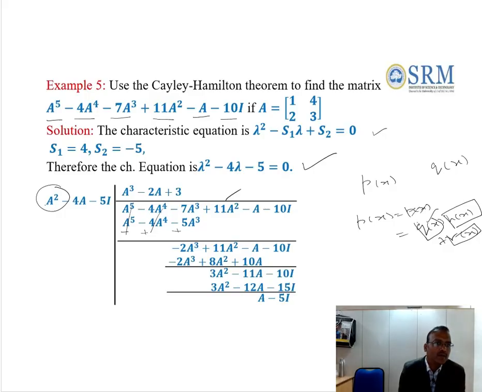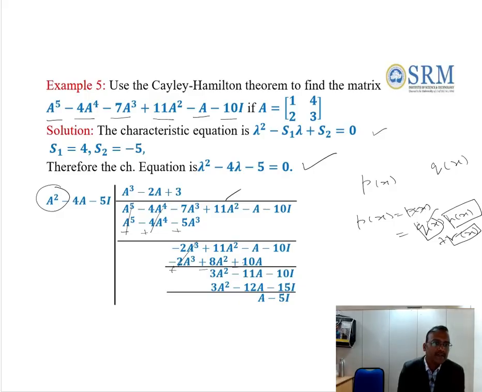Therefore, the next term is minus 2A. If you take the second term as minus 2A and multiply with this A square, then I will get minus 2A cube. Therefore, the second term is minus 2A, multiply with this factor and put it here. Therefore, minus 2A cube plus 8A square plus 10A. Then subtract.